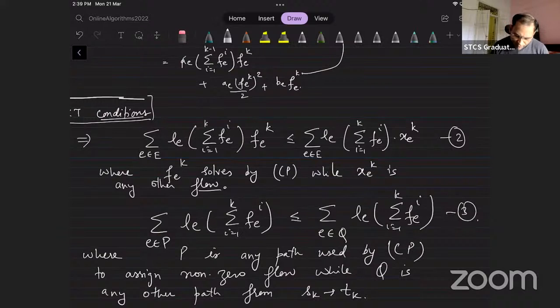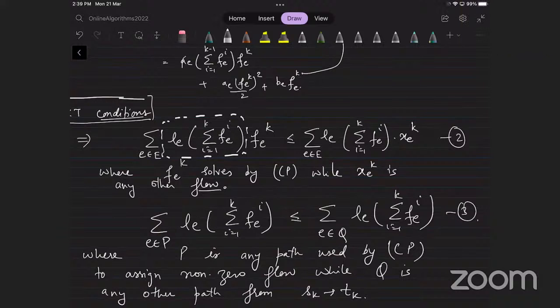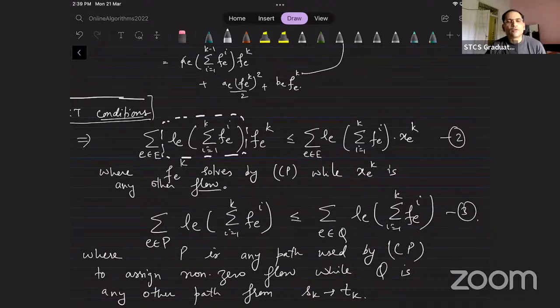So what is this part? Just this part of the function. This is the latency after assigning the newer portion, which is f_EK, sorry. So now you understand what it means, that I'm adding over all possible edges the function after multiplying with f_EK.